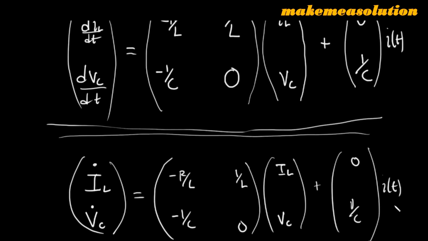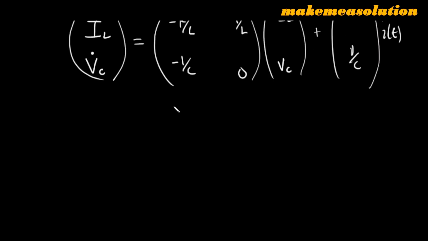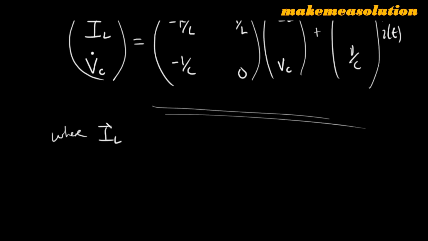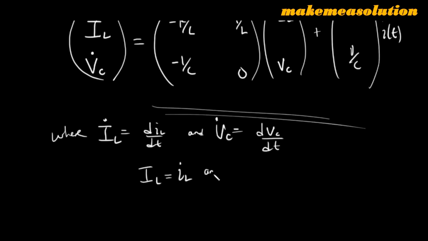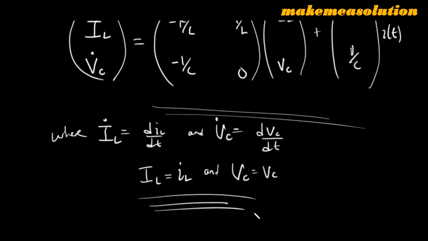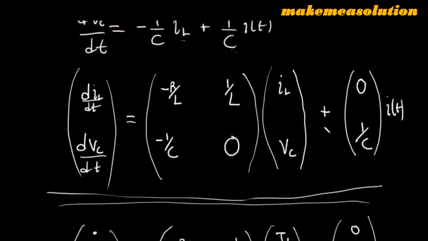They're still the same thing. So this is the state space representation of the system, where IL dot is equal to dIL by dt, and VC dot is equal to dVC by dt. Capital IL is your state IL, and capital VC is your VC. So this is the state representation of your system.